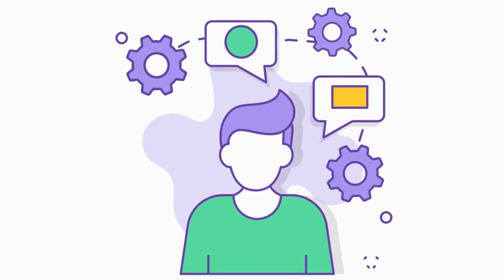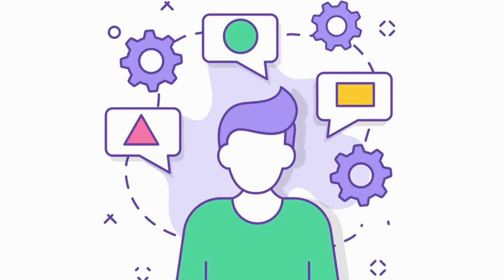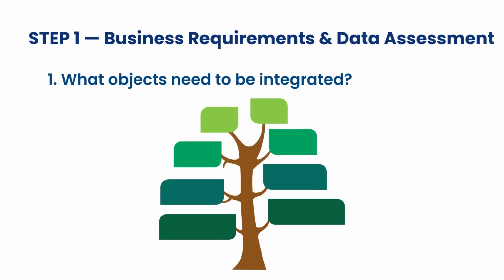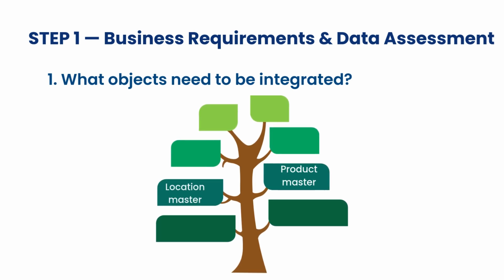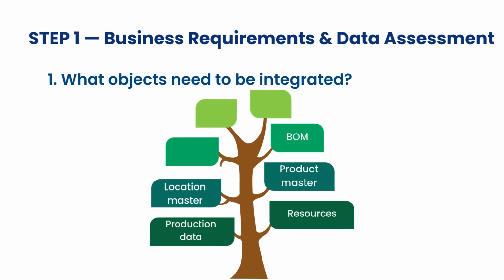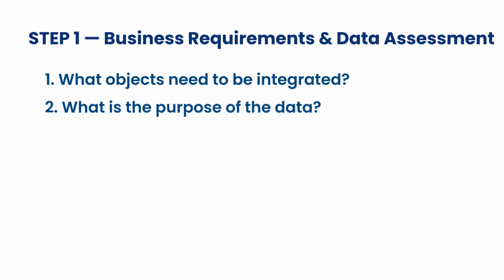The integration process always starts with business requirements. In this phase, we gather 1. What objects need to be integrated? Examples: Product Master, Location Master, BOM, Resources, Production Data, Stock, Forecast, Orders. 2. What is the purpose of the data? Planners need clarity.